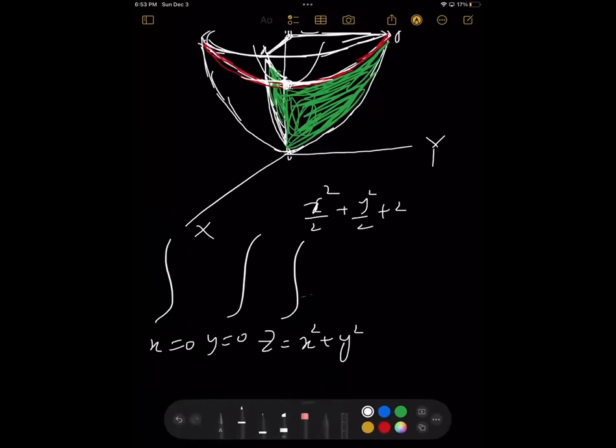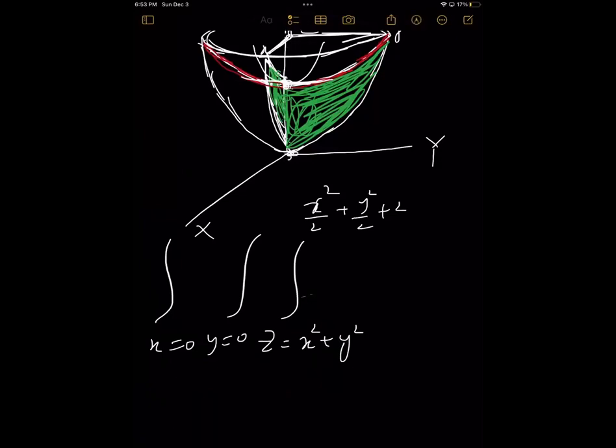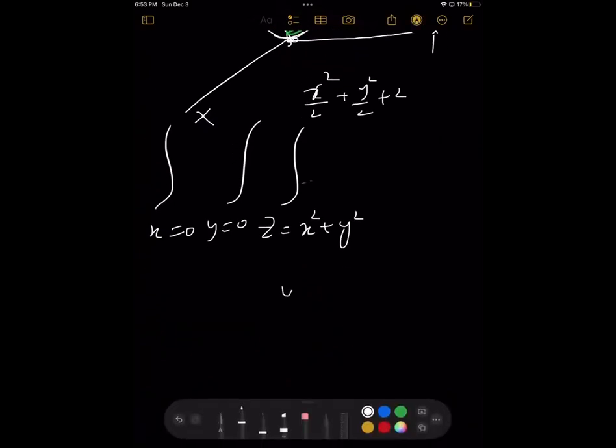Now at this bottom point where z is 0, your y is equal to the square root of 4 minus x squared. Fine. x squared plus y squared is equal to 4. So you got this point or not?